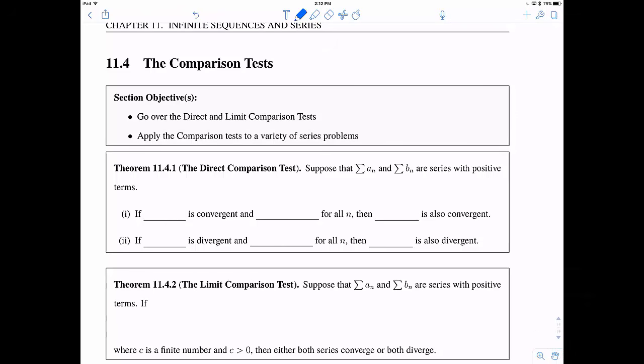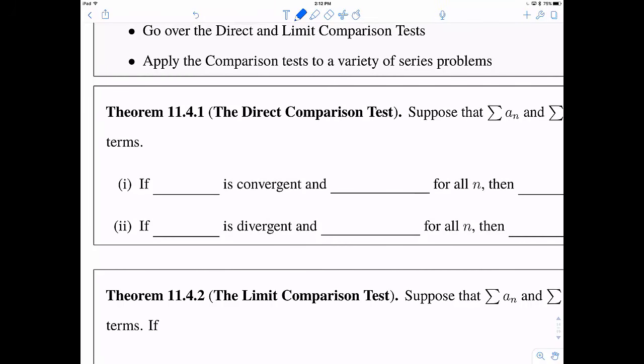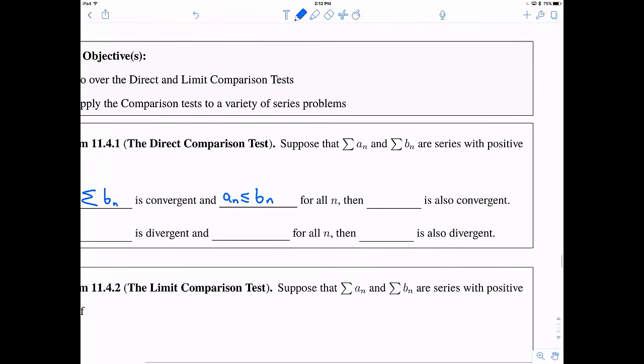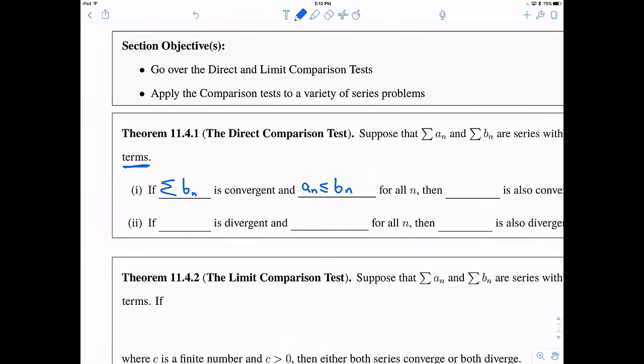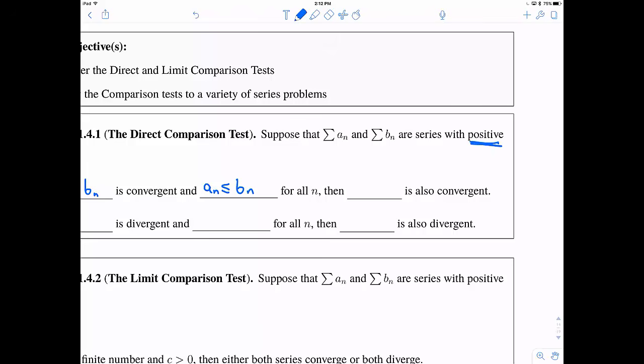So let's suppose I have these two series, a sub n and b sub n, and the claim is that if the series with the b sub n terms is convergent, and a sub n is less than or equal to b sub n for all n, and remember these are positive terms that we're dealing with, that's the only condition really, then the series with the a sub n terms is also convergent.